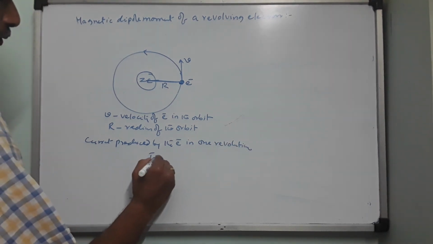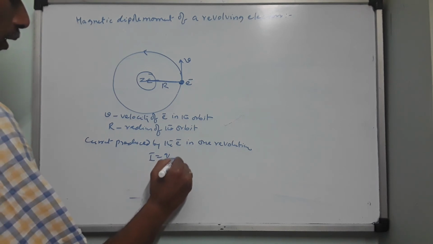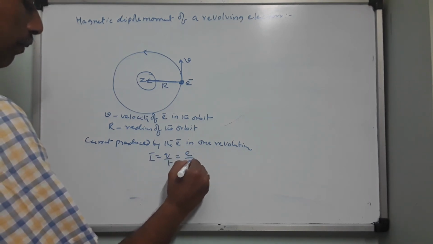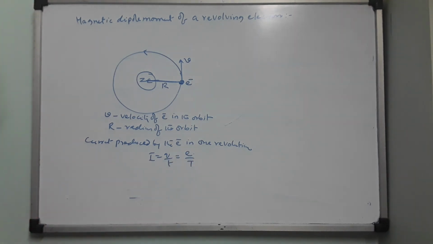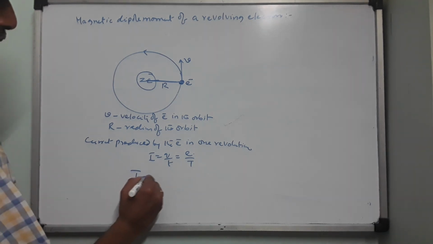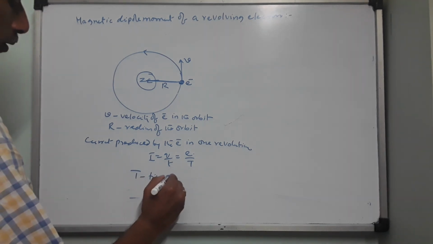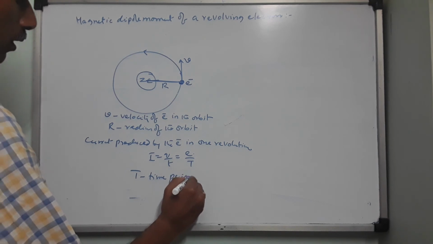I equals q by t, that is e divided by capital T, where capital T is the time period of revolution.